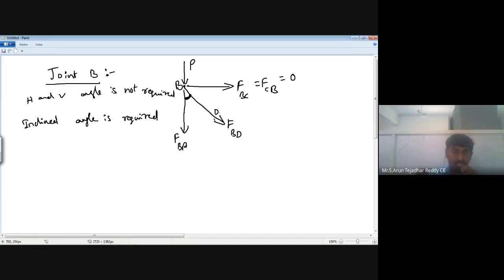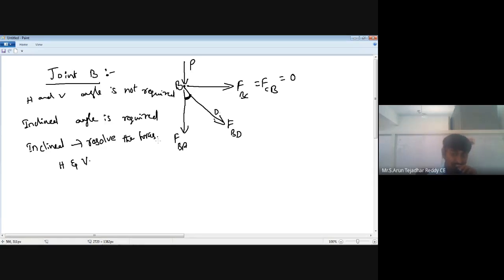Why? Because in your inclined member, resolve the forces. How to resolve the forces? After resolving, again you will get horizontal as well as vertical components. Before that, find the angle here. How to find the angle, and which one do we need to apply? Sine, cos, tan.